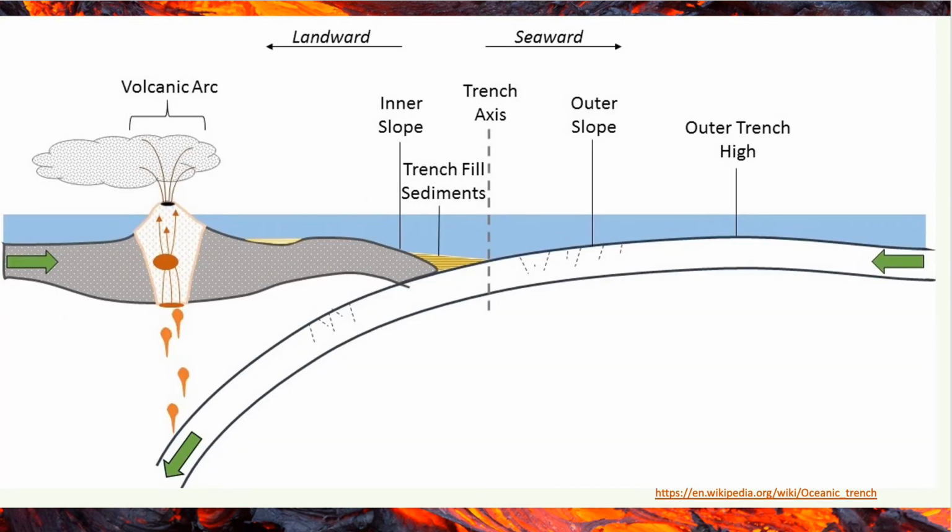The driver for this is that as oceanic crust ages, as it moves away from the ridge, it cools down, it gets penetrated by more seawater, it gains more sediment. And so the crust itself cools down, and that means it's able to accumulate more cold mantle underneath it.